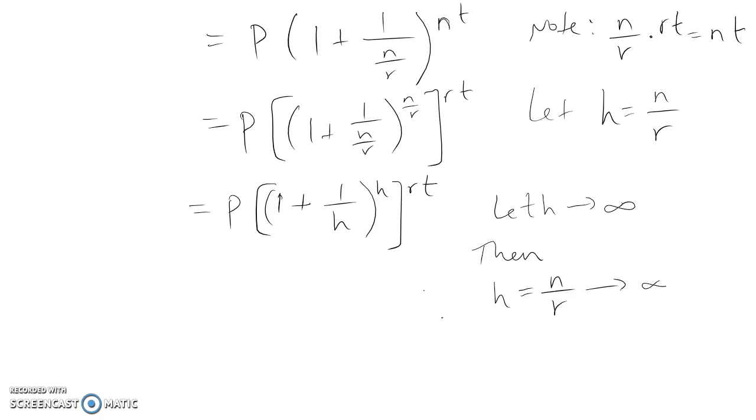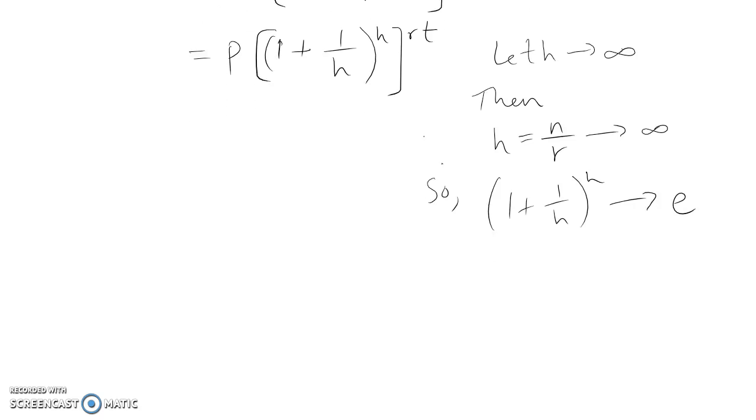When H goes to infinity, N over R goes to infinity because H is N over R, right? And that happens because as you get a bigger and bigger numerator with a constant denominator, that number is going to get bigger and bigger. So what happens then is that 1 plus 1 over H to the H power goes to E, which is the definition of E. Yeah?